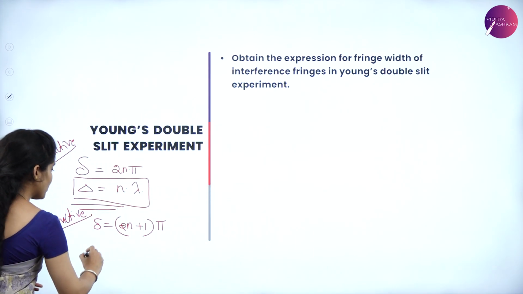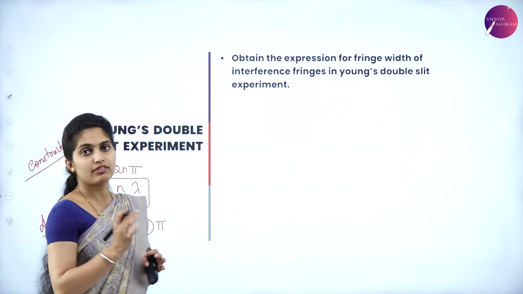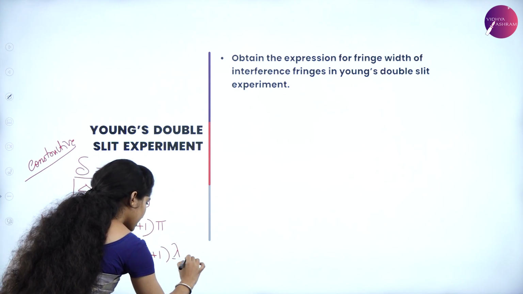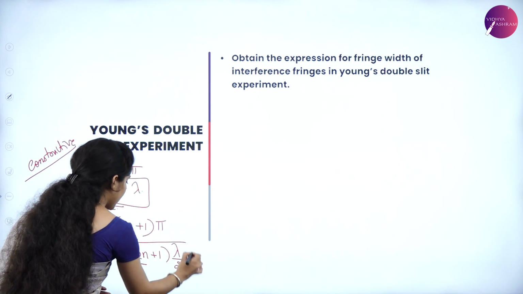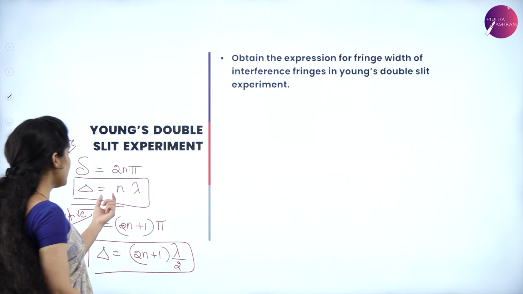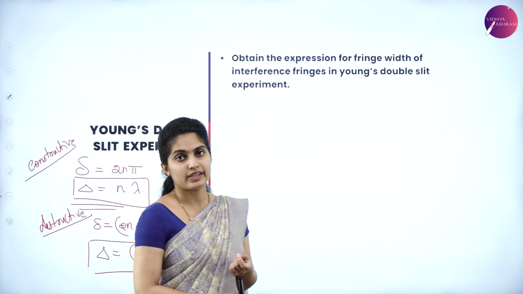Whereas when we equate the path difference with respect to this phase difference, we end up with (2n+1)λ/2 for the destructive interference. So, constructive interference we have nλ, destructive interference we have (2n+1)λ/2.